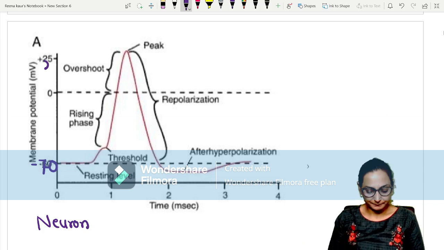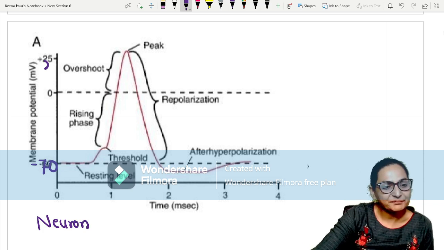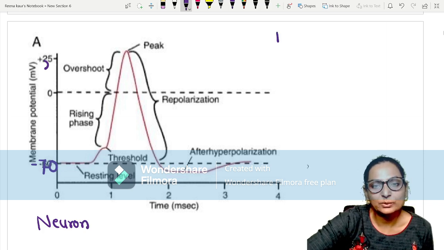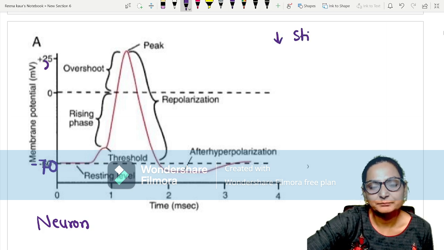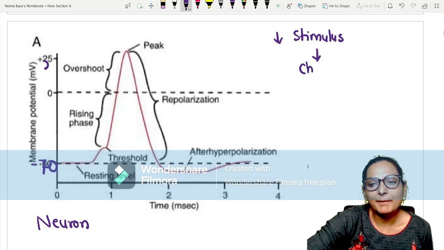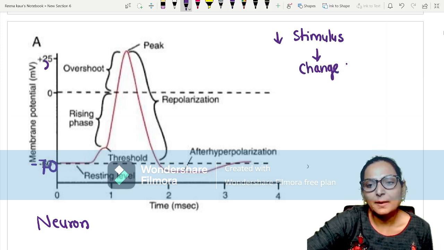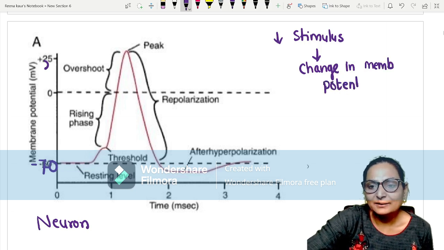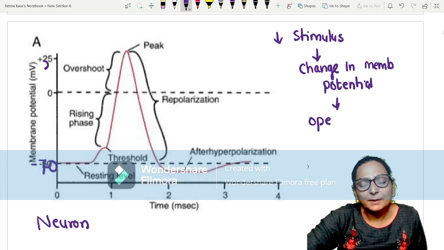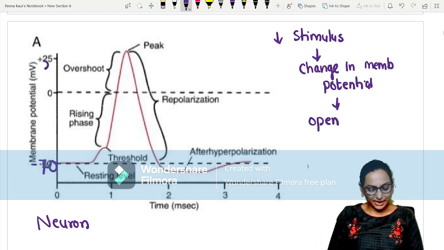It is a spike. Now, as soon as you give a stimulus, you bring about a change in the membrane potential. That change in the membrane potential will open both sodium and potassium channels.